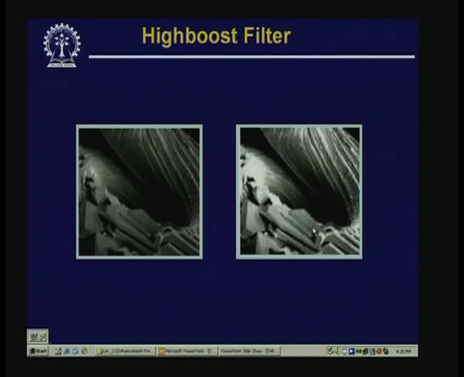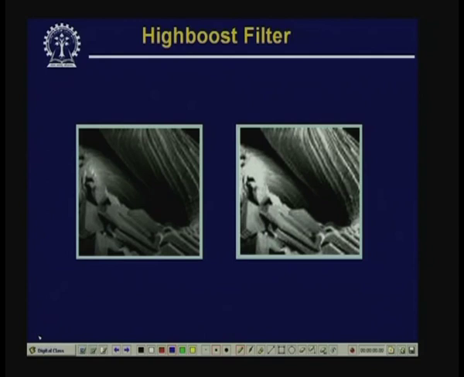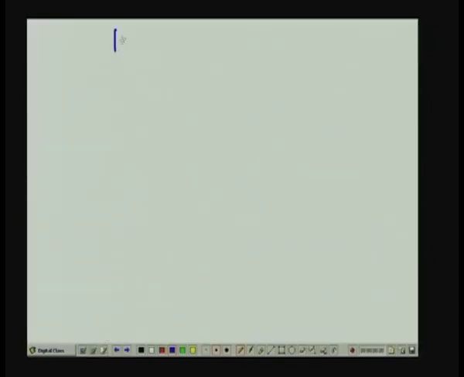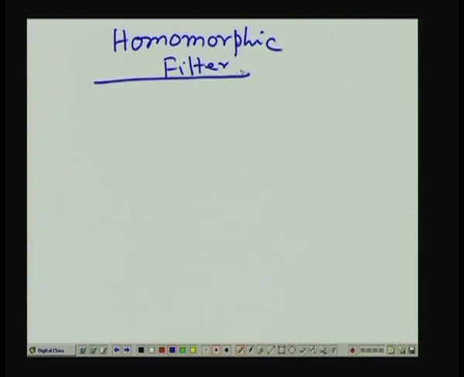Now, let us consider another very interesting filter, which we call the homomorphic filter. The idea arises from one of the earlier discussions, where we said that the intensity at a particular point in the image is a product of two terms.